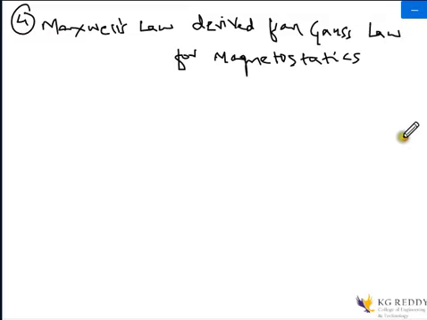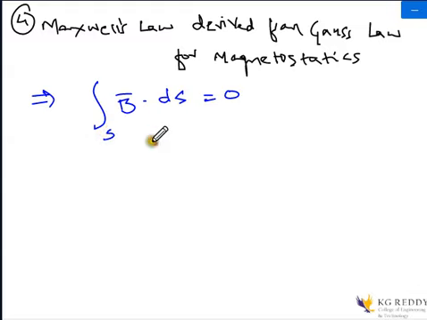Generally, in electric fields you can observe isolated charges, but in magnetostatics you cannot observe isolated poles. Hence, B bar dot dS will be 0 for a surface integral.